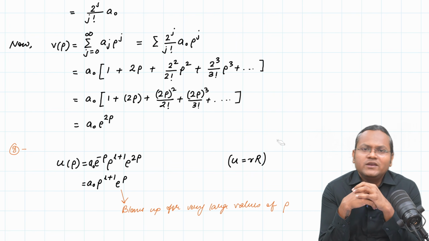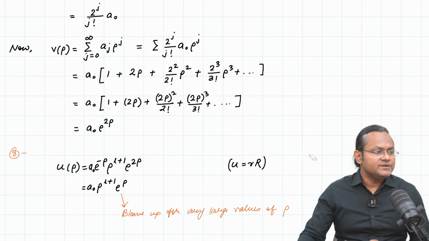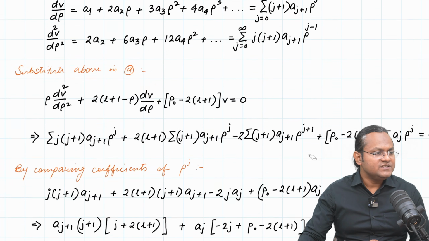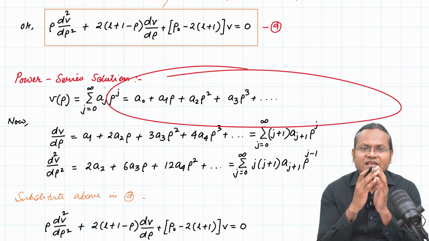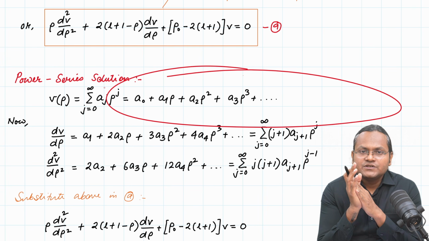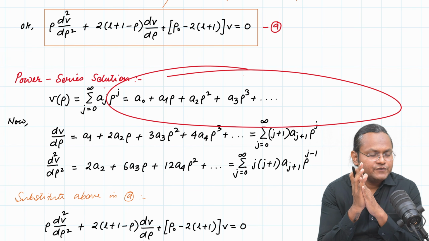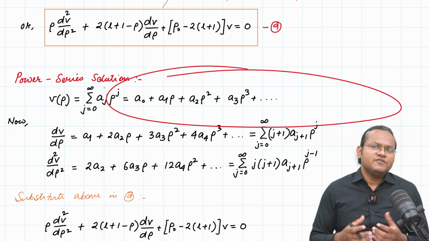There is only one way to resolve this issue, and the way to resolve it is if you look back at the stitching function, which was written as a power series solution. See here. Now we assumed that this is an infinite series. You have an infinite series with coefficients, and the coefficients are connected by the recursion formula. The only way to prevent this from happening is if this was not an infinite series, but in fact a finite series.